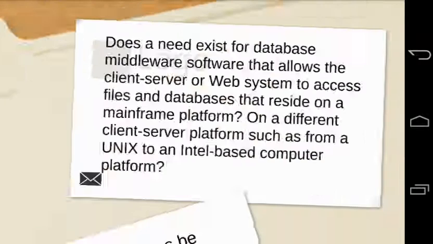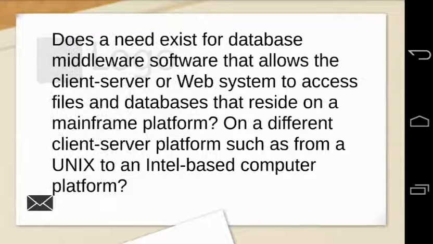The other guidelines will be: 1. Does a need exist for database middleware software that allows the client server or web system to access files and databases that reside on a mainframe platform or on a different client server platform, such as from Unix to an Intel based computer platform?